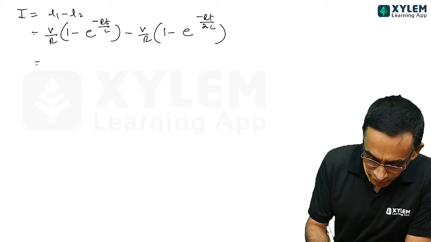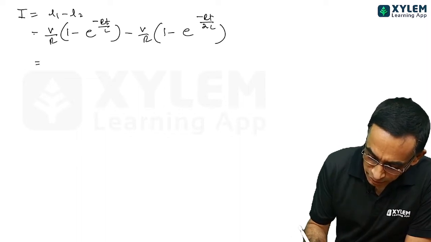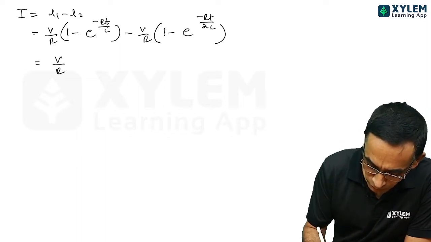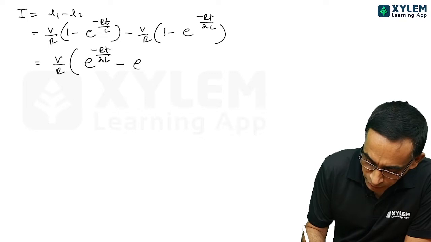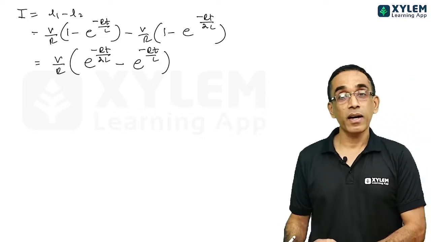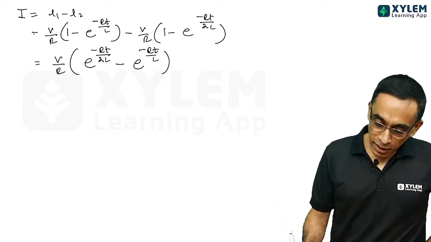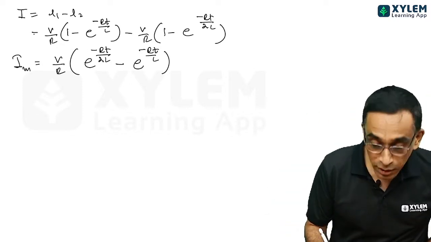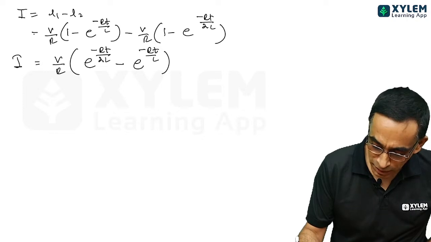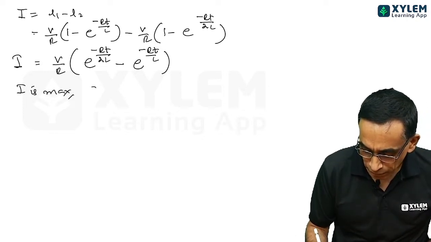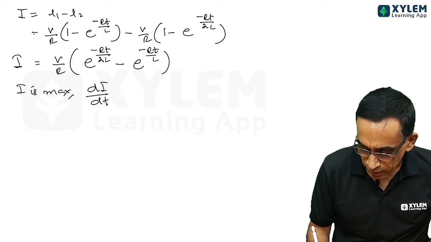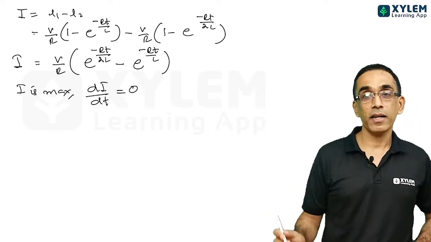Now, when you take the difference, with V by R common, the second term becomes positive: e raised to minus RT divided by 2L minus e raised to minus RT by L. So this becomes the current in the circuit. Now we need this current to be maximum. The current I is maximum when dI by dt is equal to 0. So differentiate it and make it 0.